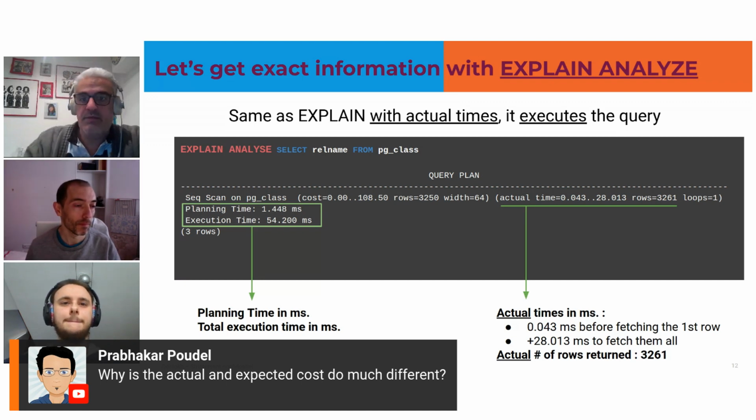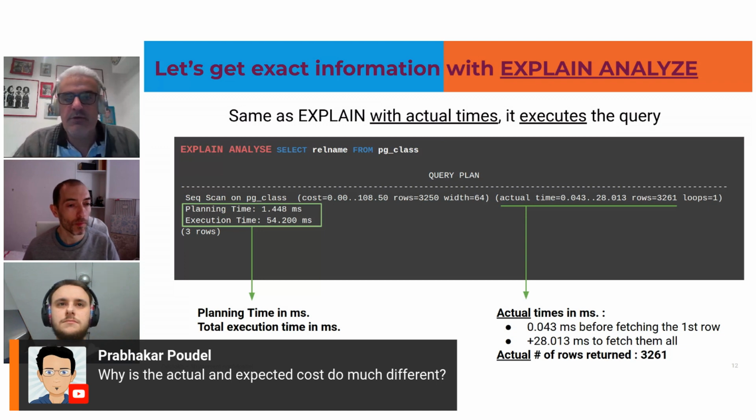The first one is based on statistics, and the second one is really the result of the query. To make a plan, I don't want to run the query, it's too expensive to do that. So I run the plan over statistics. That's why there's a little difference. It's normal. But it could be very different if your statistics are all wrong, for example. If your statistics are not up to date, you have a large difference, and then you have to run analyze before running your query again.